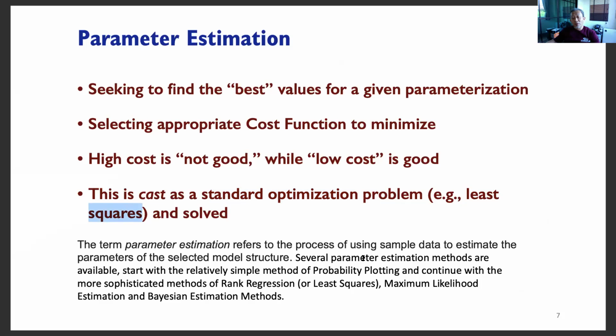There are several parameter estimation methods available currently, a lot of methods. They start with the relatively simple method of probability plotting and continue with the more sophisticated methods of rank regression, which involve regressions, for example least squares, maximum likelihood estimation, Bayesian estimation, and so on.